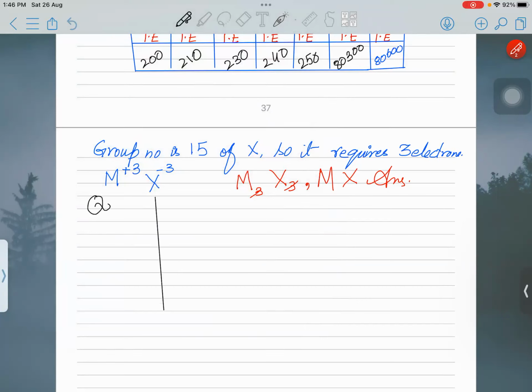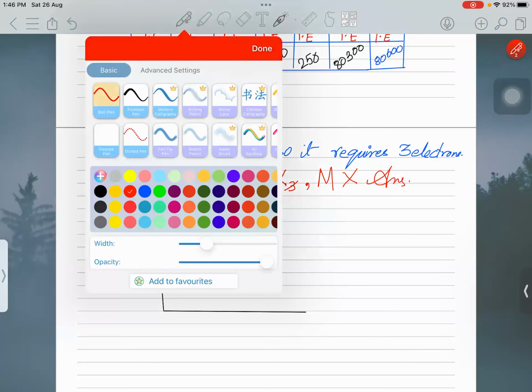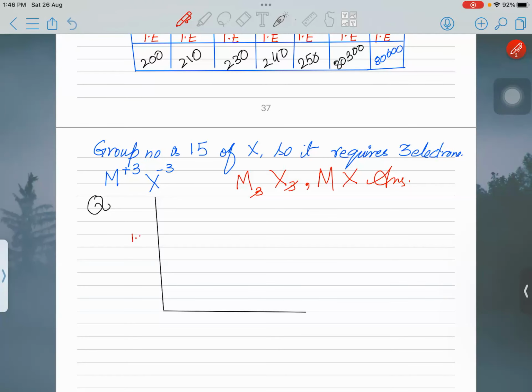A graph is given. On the y-axis you have ionization energy, and on the x-axis you have successive proton number.